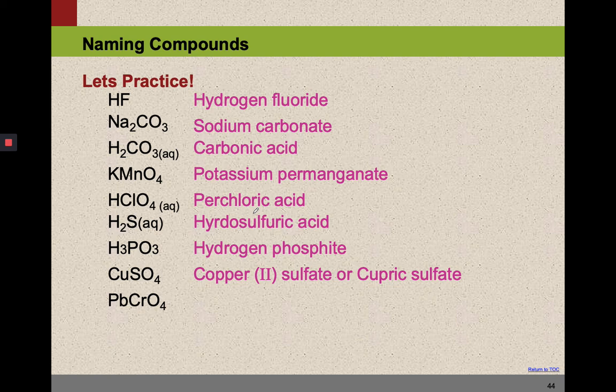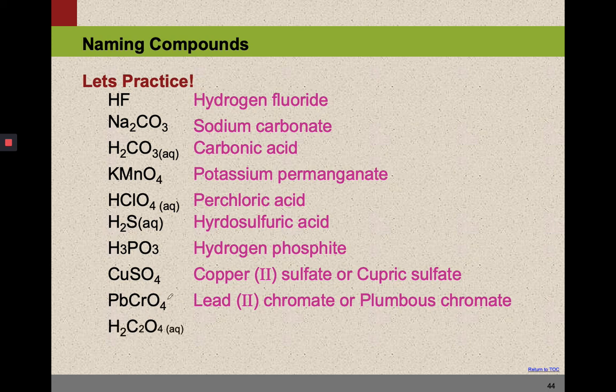PbCrO4. If you notice, these are elements which have variable charges, so be very careful with them, because the rules for metals with variable charges still apply in ternary salts. So that's lead 2 chromate or plumbous chromate. The charge of the chromate ion is 2 minus.